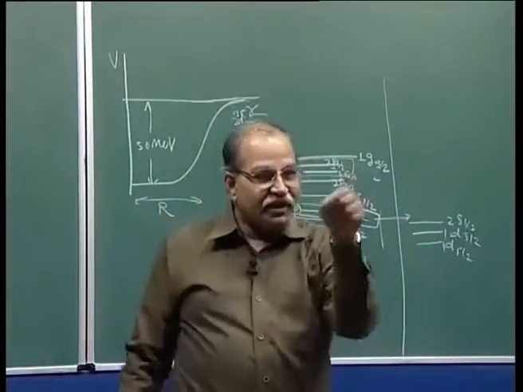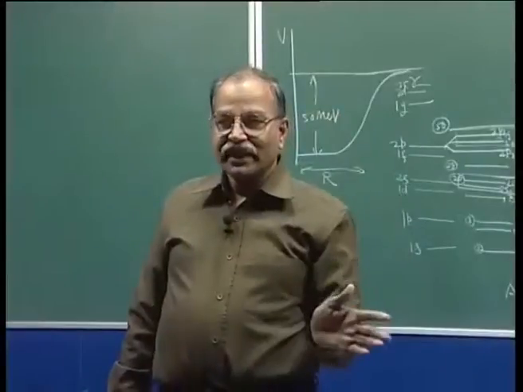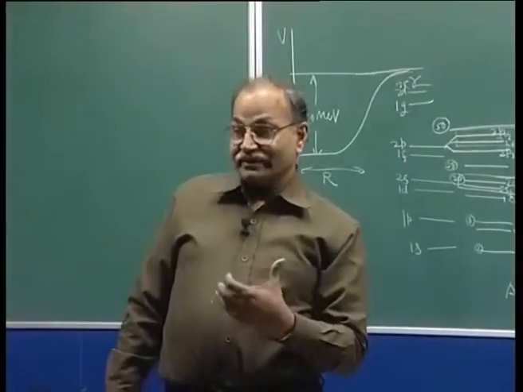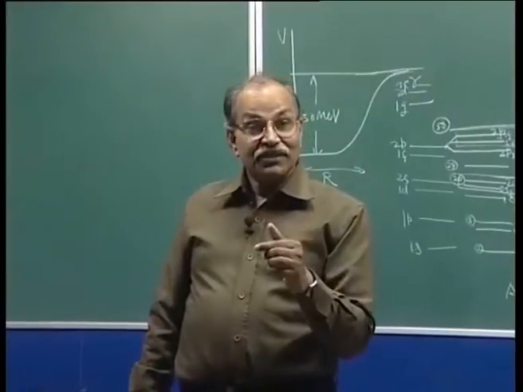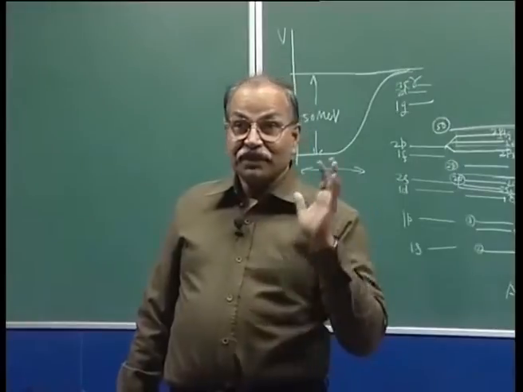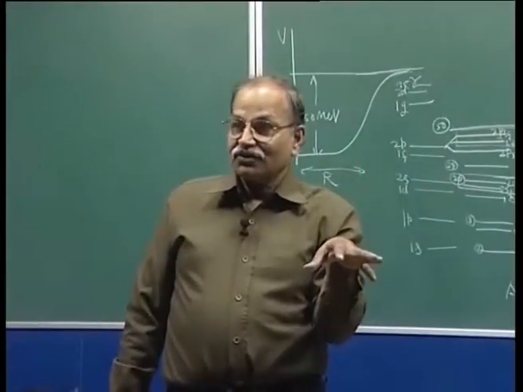But if it is a neutron, it is not experiencing any Coulomb interaction, whereas if it is a proton, it is interacting with the rest of the nucleus through Coulomb interaction also. So, the potential is somewhat different for proton and for neutron.